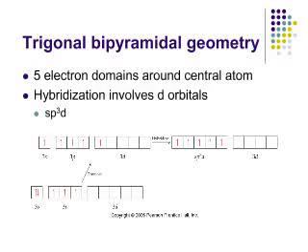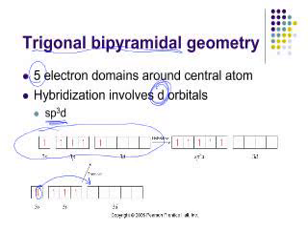Right. Now, if we have a trigonal bipyramidal geometry with 5 electron domains, the hybridization is believed to involve d orbitals. We call these sp3d orbitals. So similarly, we're going to take one of these s electrons and promote it to a d orbital, which gives us this. That's not going to give us what we want, so we're going to hybridize them and end up with 5 identical orbitals.